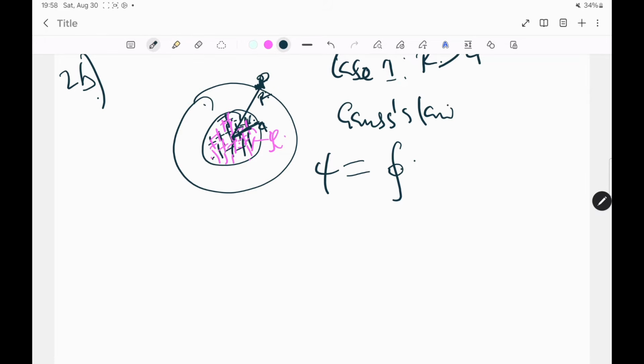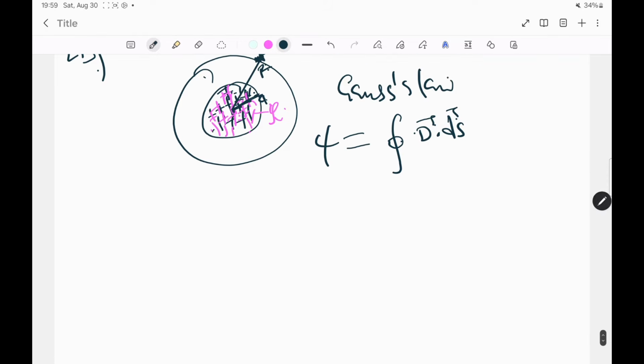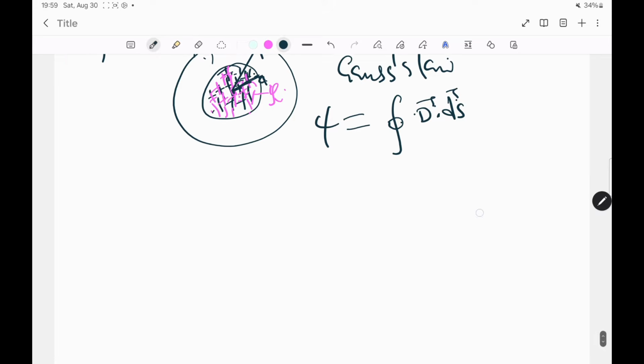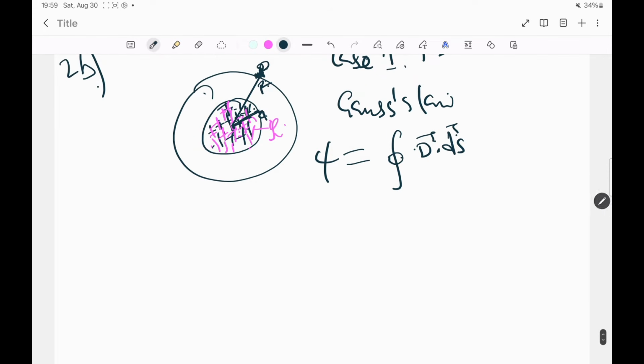If electric flux is emanating out of that surface, we can have the electric flux density dot product the surface vector. Now we have to find the electric flux density and the surface vector for this.